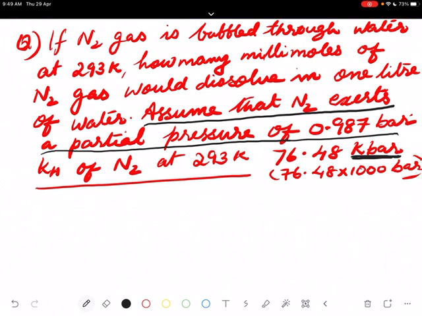We know that mole fraction has no unit. So this is along with the mole fraction, and this bar pressure unit is in the numerator. So you will be using the general form, that is PB is equal to KH into XB.